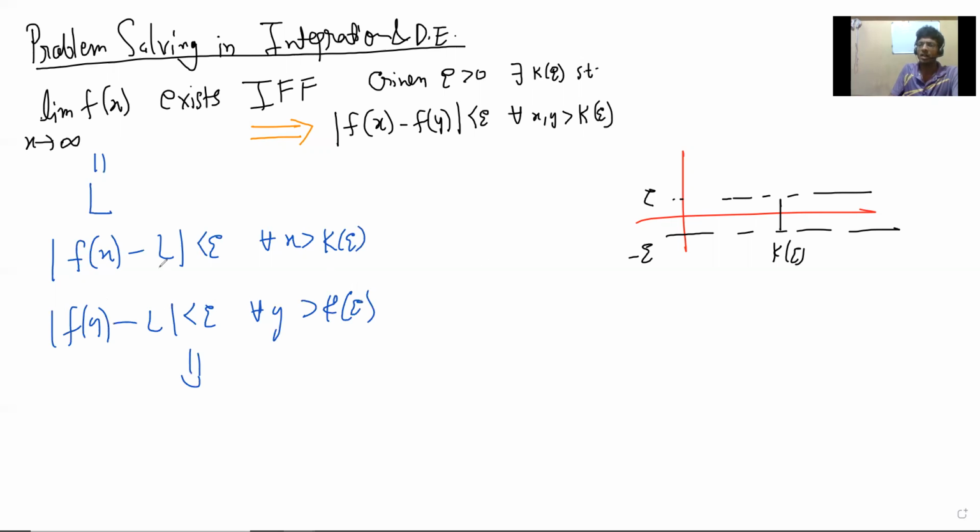Then you just add these two inequalities, or apply the triangle inequality, to get that |f(x) minus f(y)| cannot be more than 2 epsilon. So this direction is easy.